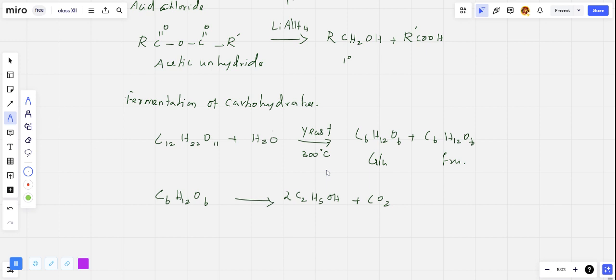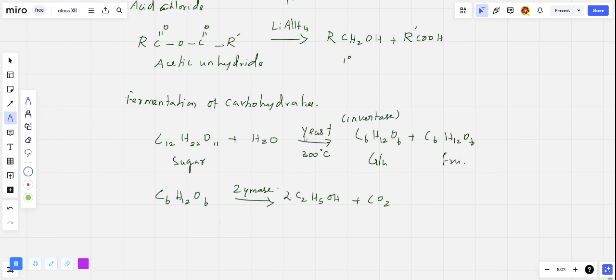What is the enzyme you are using here? The enzyme used is invertase, which is used to break the sugar into glucose and fructose. In the second reaction, the enzyme used is zymase.